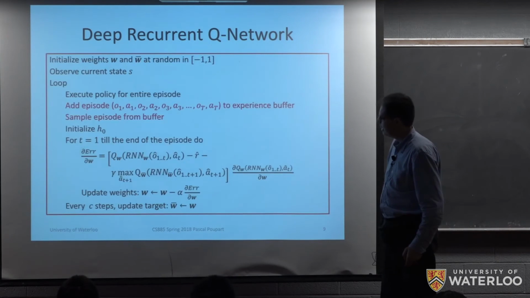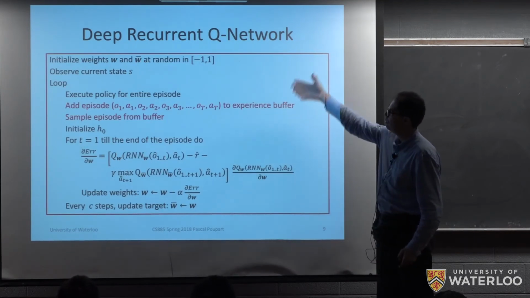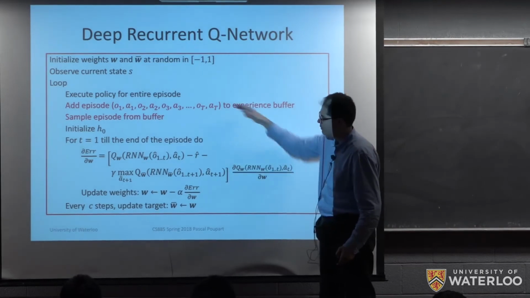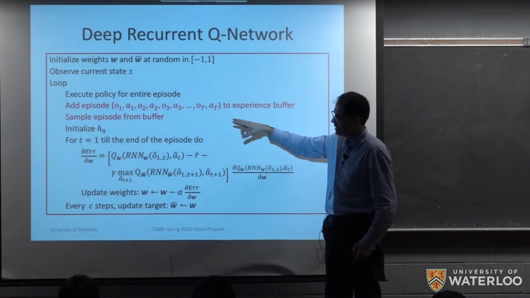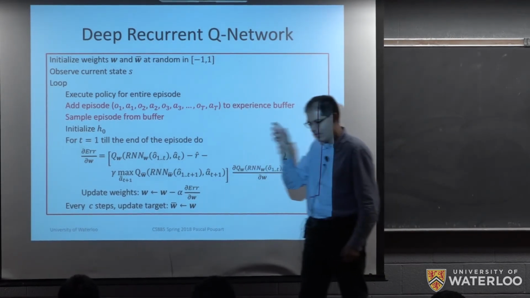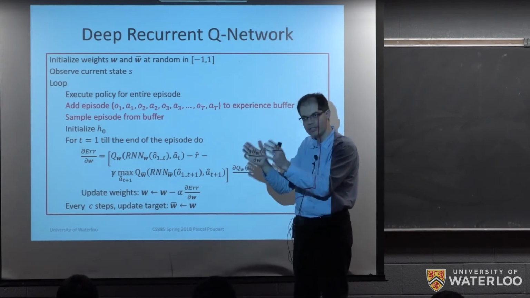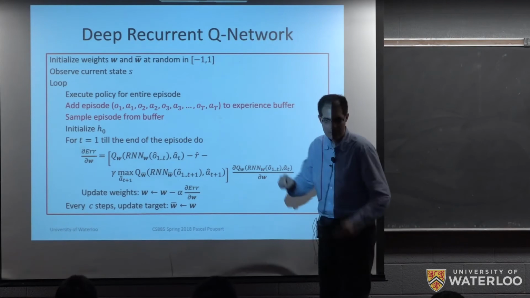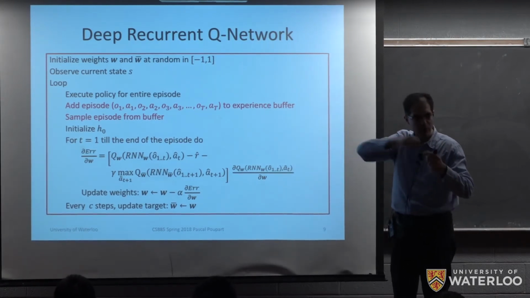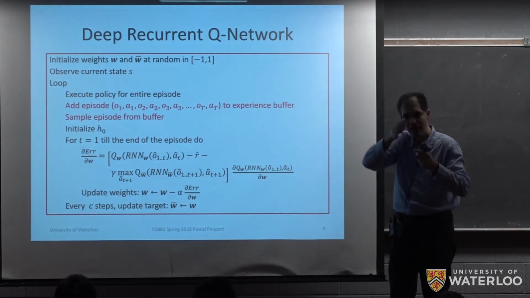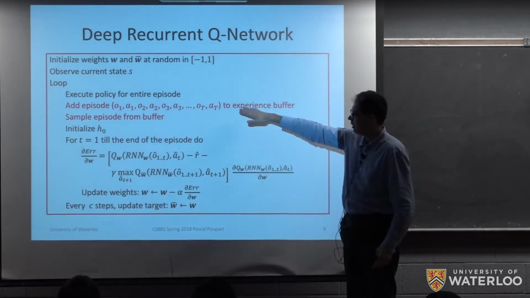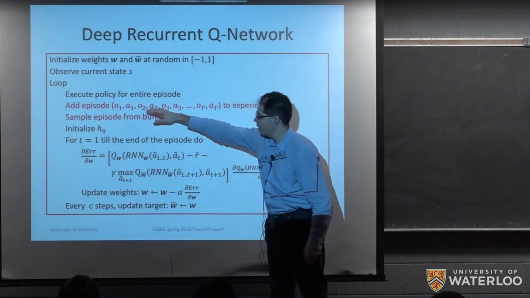And now, if we plug this into the Q-learning algorithm, this is the same as before. The main difference is that now we cannot just have some short samples, but we need to work with entire episodes, because the LSTM network will take one image at a time and accumulate information, and we need this as part of the algorithm.